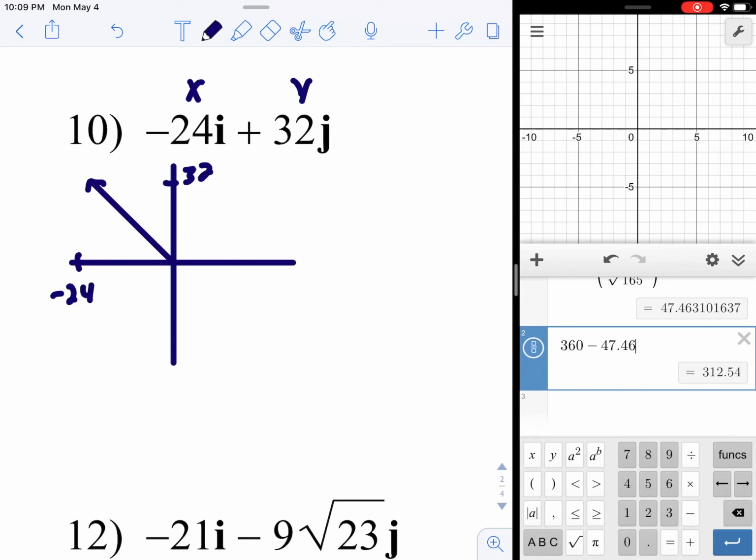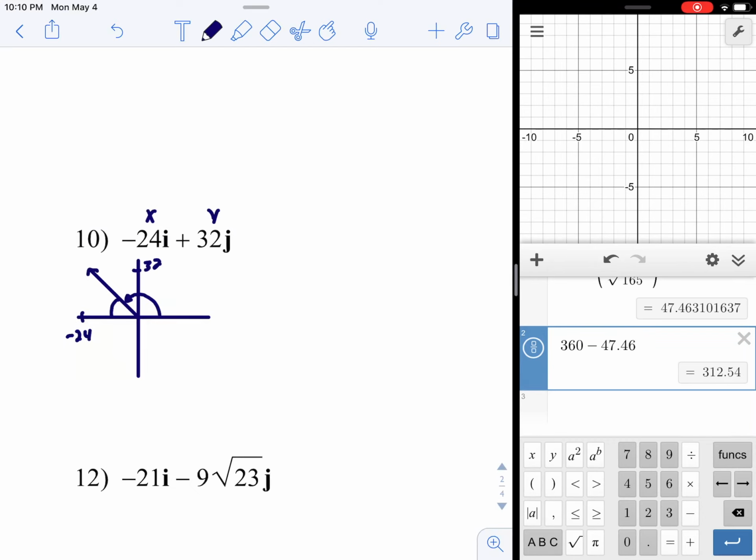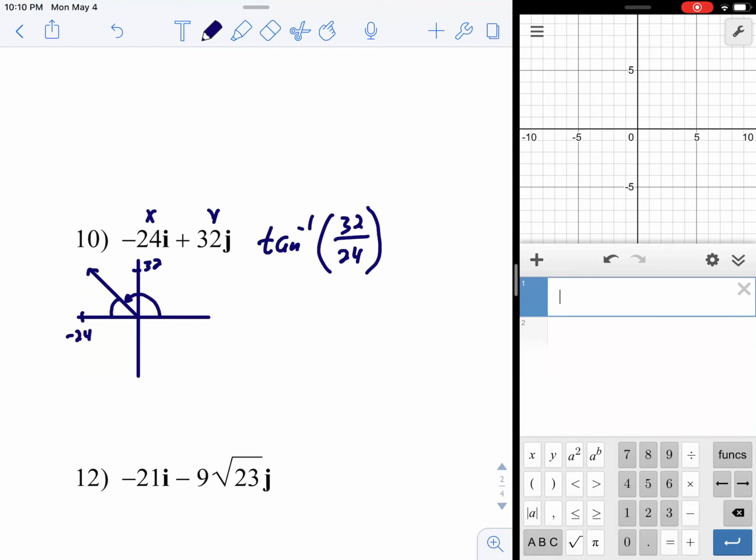So when I do my inverse tangent, it's going to give me this angle. I'll subtract that from 180 to get the actual vector angle. So inverse tangent of y over x, and again, just drop the negative. So function inverse tangent 32 over 24. This little angle over here is 53.13 degrees.